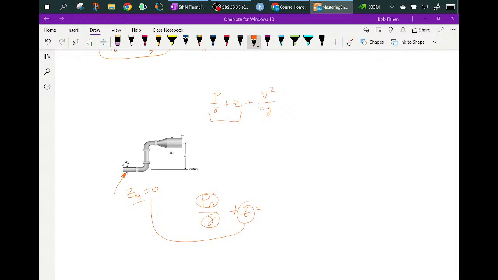So first of all, you've got to be able to take your velocity, which I'm looking to make sure he gave the velocity. And he does. Okay, so he gave the velocity back at A. And so what you're doing is going from A to PC over 2 plus ZC plus VC over 2.